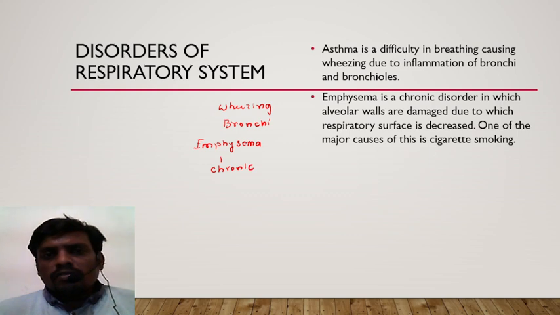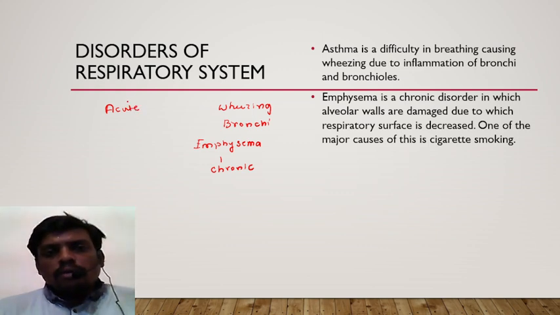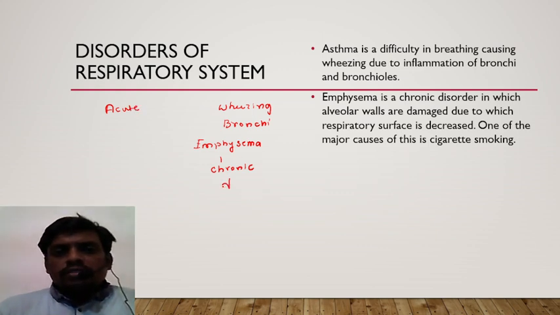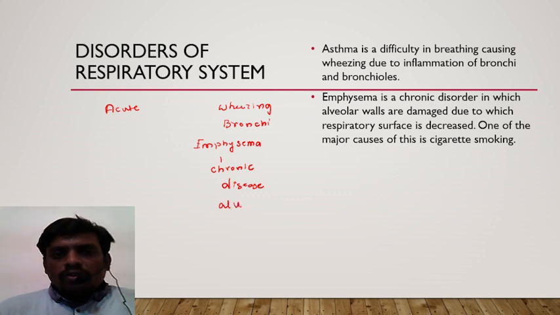What is the difference between acute and chronic disorders? An acute disease stays within us for a certain period of time, but a chronic disease stays in our body for a longer period, in which alveolar walls are damaged.